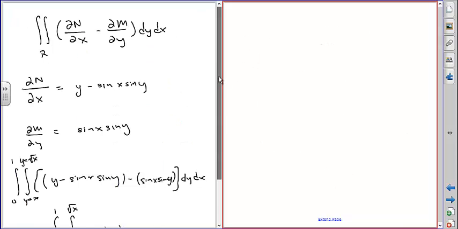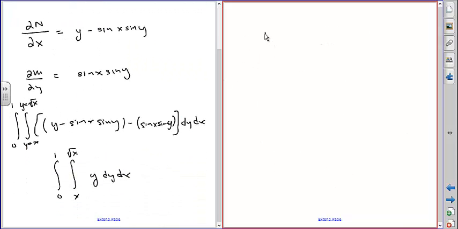So then you'd integrate with respect to y first. So you get y squared over 2 evaluated between x and the square root of x, dx.